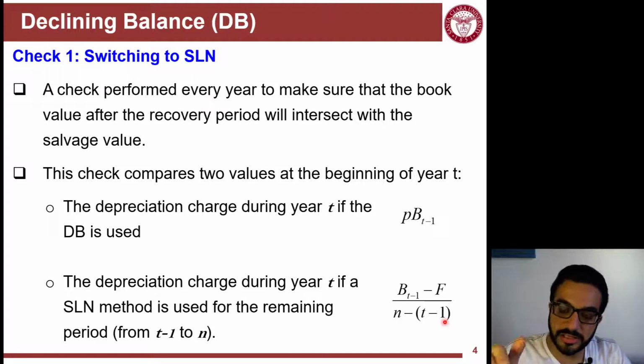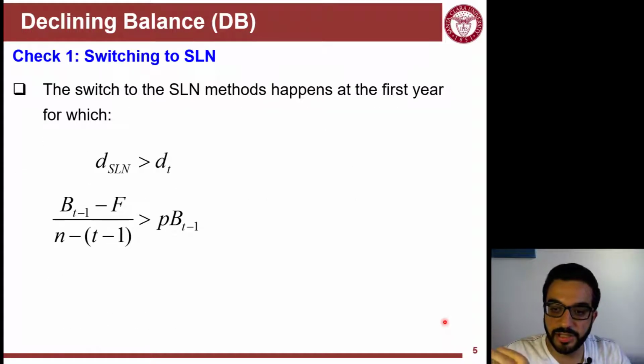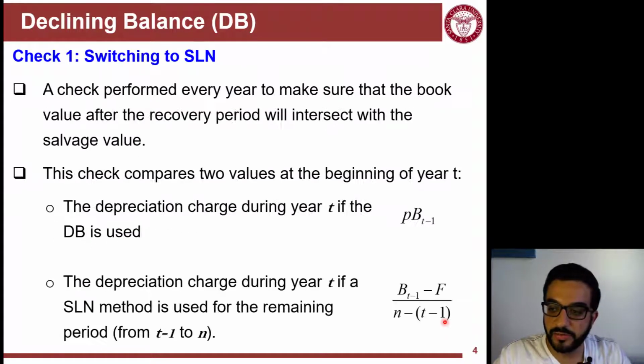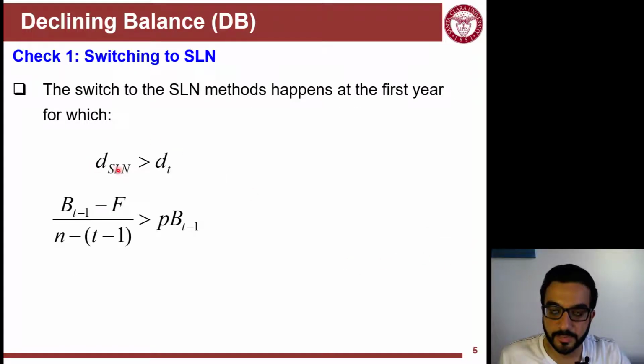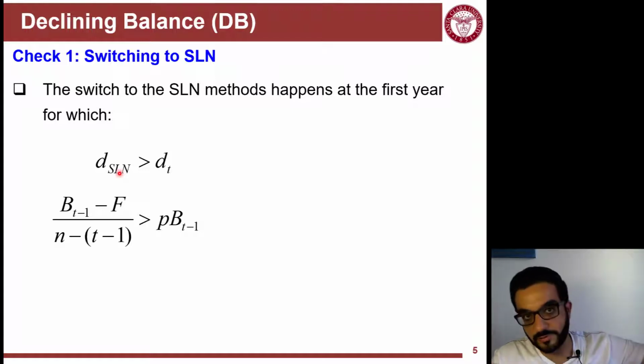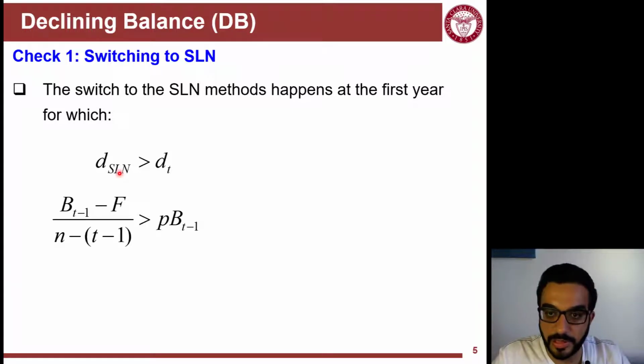Right? So now you calculate these two values each year, and the idea is you apply this check. And this amount here, I will call it D straight line, DSLN. And I will check: if I switch to a straight line in this year, everything in the past is done, it's following a declining balance.